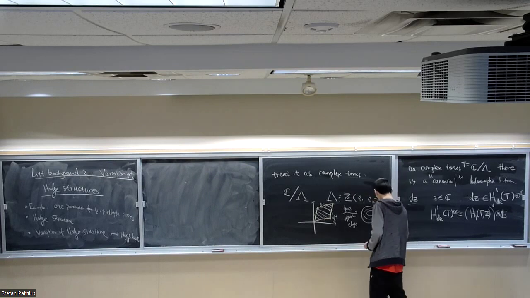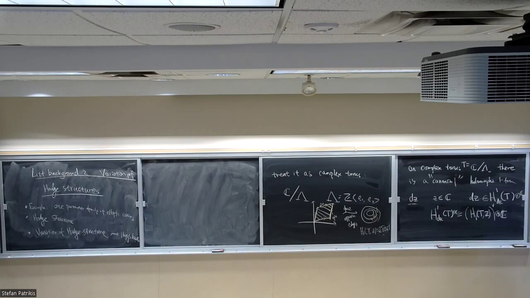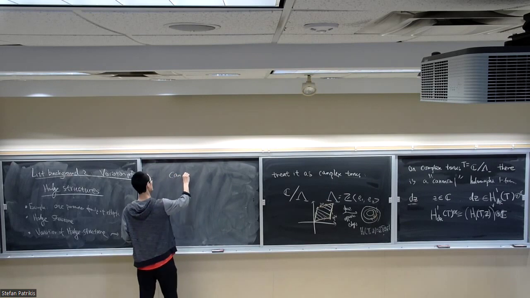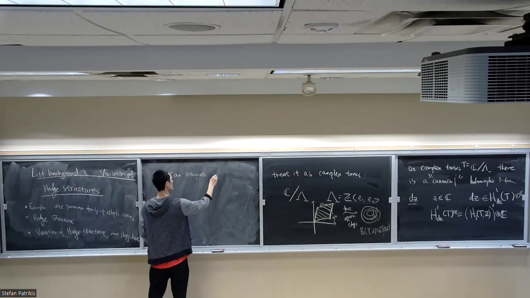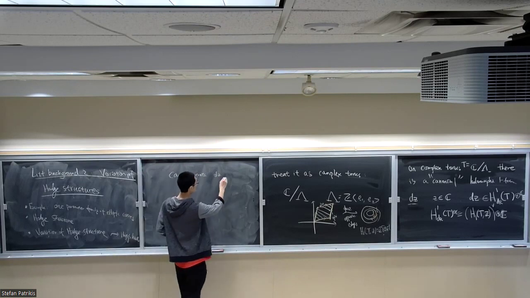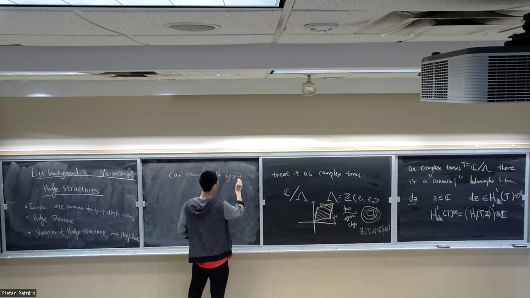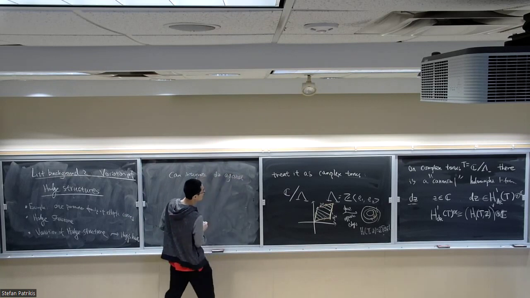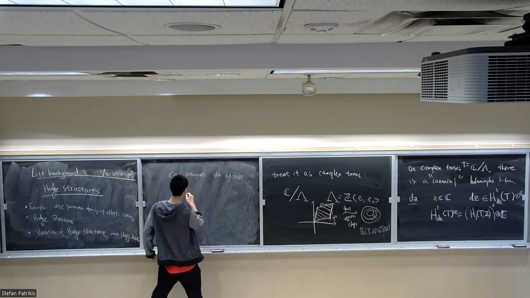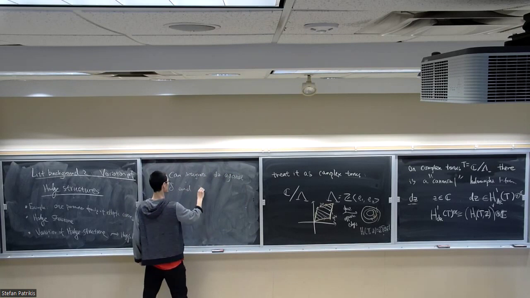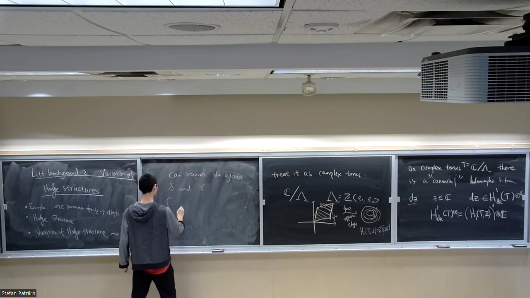So delta and gamma give you a basis of H1. We can integrate this holomorphic one-form against delta and gamma, and so we have this integration.